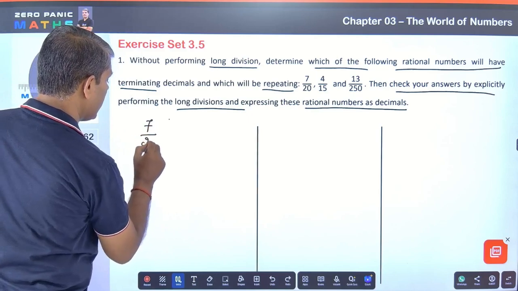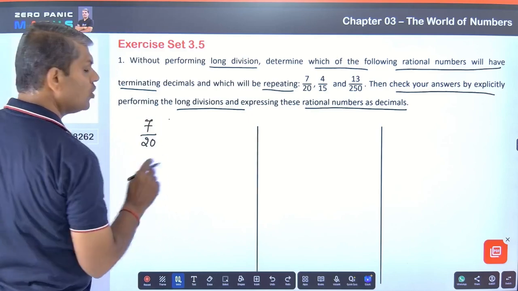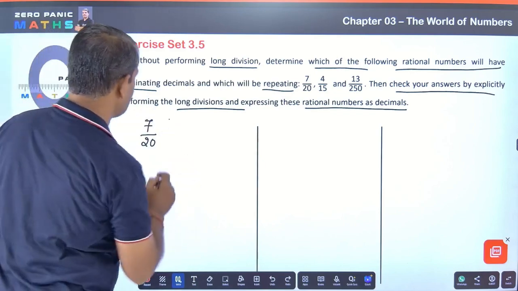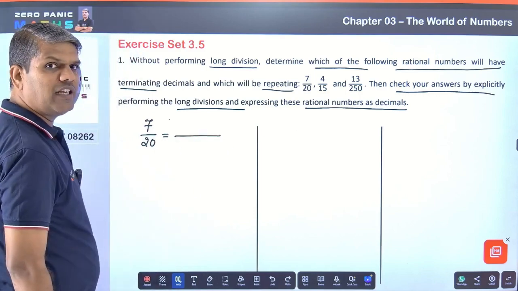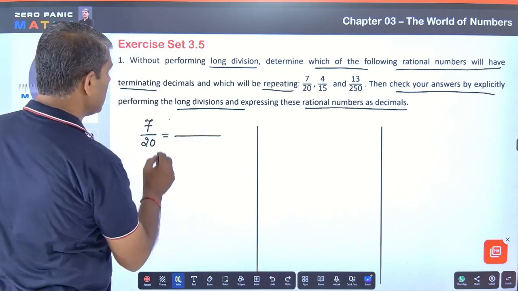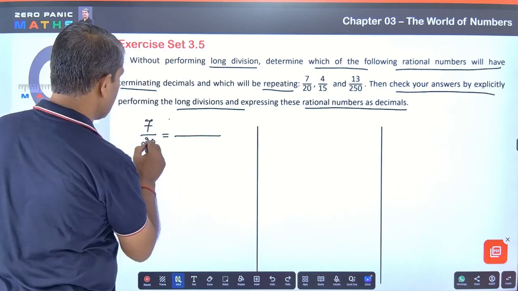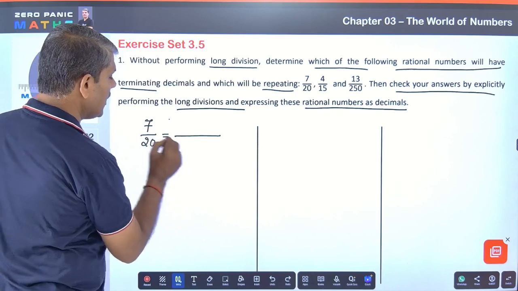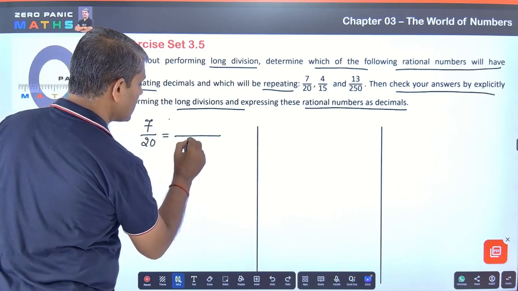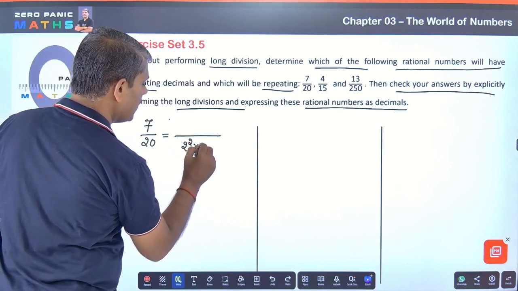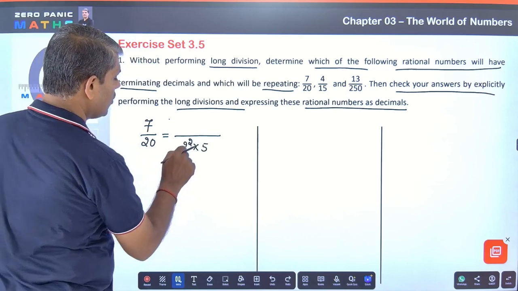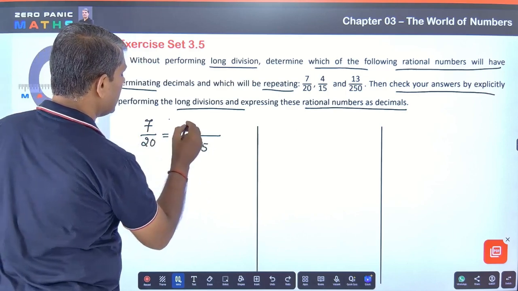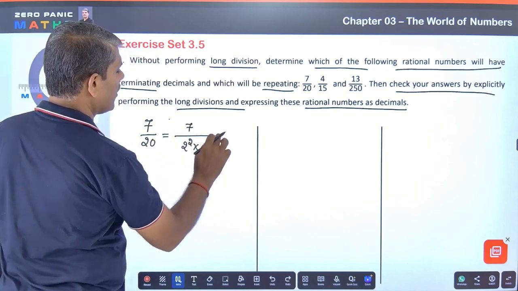For 7 by 20, we are not allowed to do the long division process. We will do that later. So this 20 should be represented in the form of prime factorization, the product of primes. 4 5s are 20, so I can write it as 2 to the power of 2 times 5. This is what is called prime factorization. So this is 7 by 4 5.